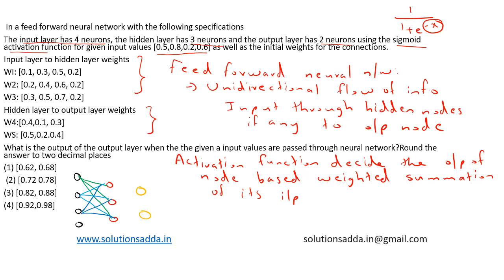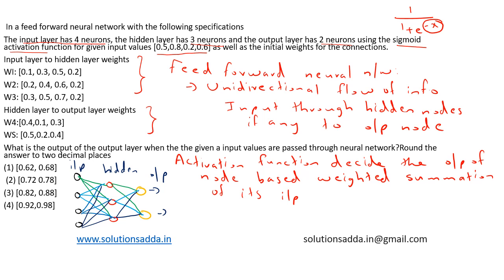The same concept applies in the next phase also, from this node to here and here, from the next node to both these nodes, and this will be the output. So this is the input layer, this is the hidden layer, and this is the output layer.